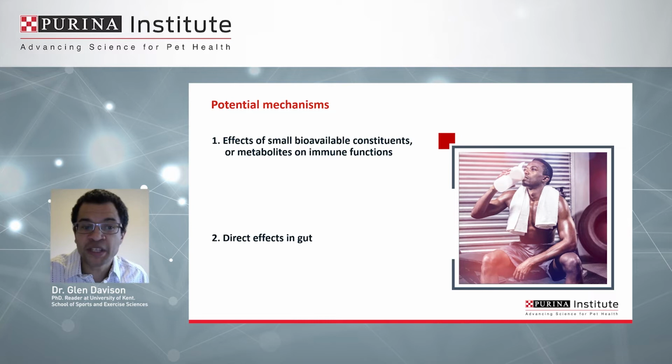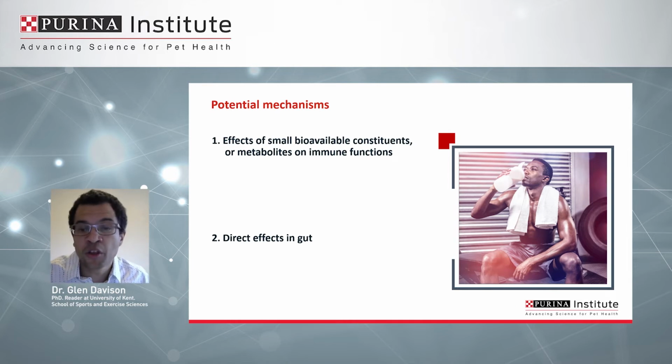So it's potentially smaller components that are in this product, and that actually do survive digestion and then appear in the systemic circulation and can have these effects within the body. So that's one possibility, that there are really small components that are not degraded or massively influenced by the process of digestion and become bioavailable.